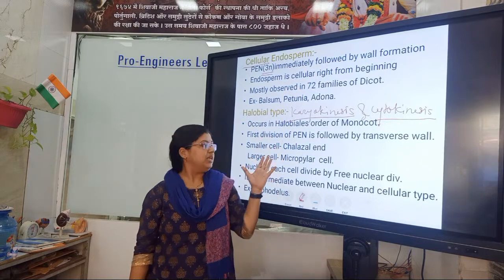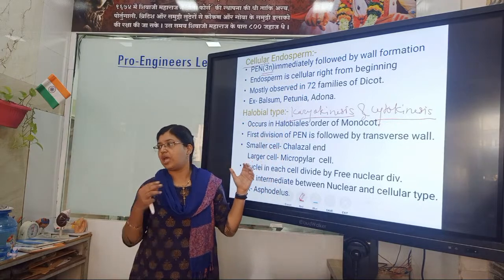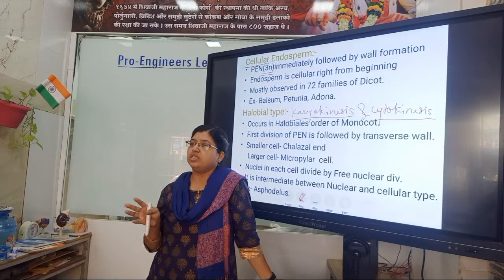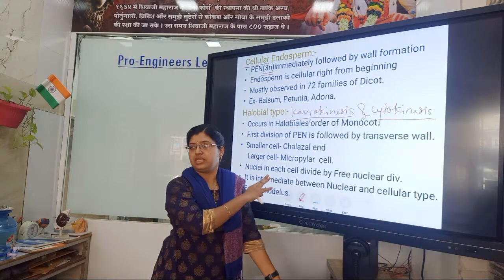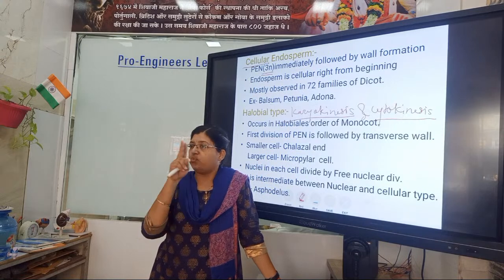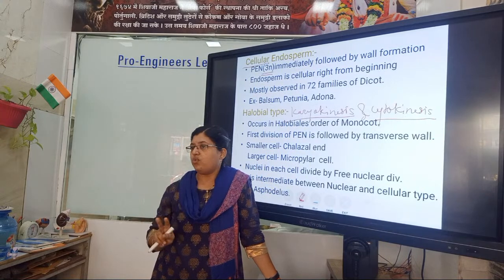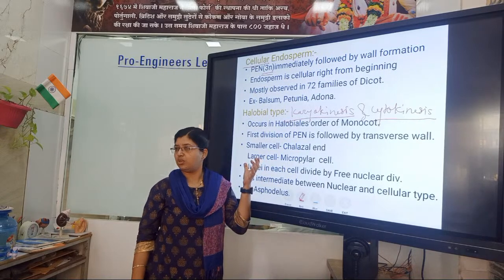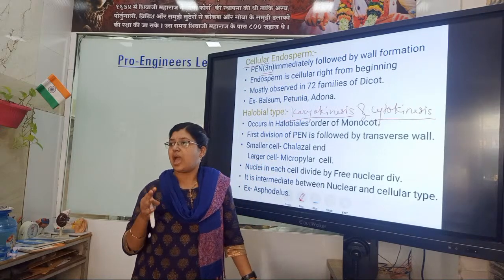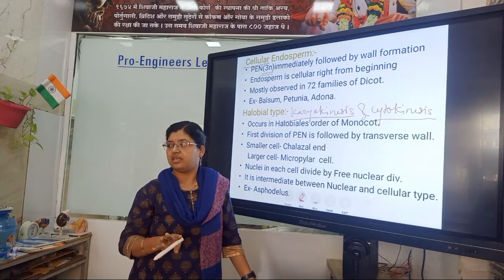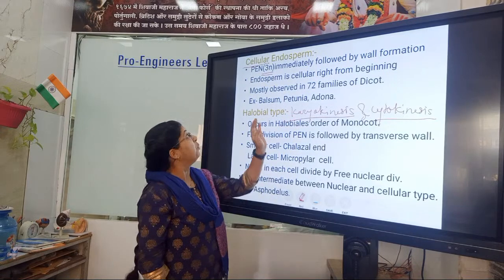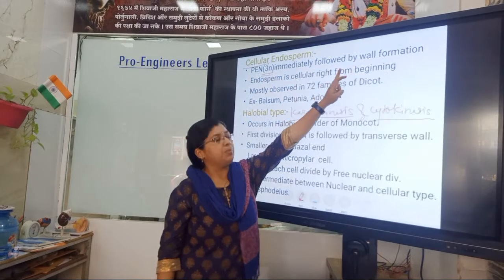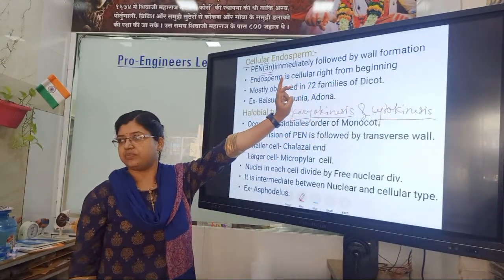See, in the nuclear endosperm, the PEN divides and after that there is a formation of free nuclei. There is no immediate wall formation; the wall formation happens later. But in cellular endosperm, the PEN is immediately followed by wall formation.